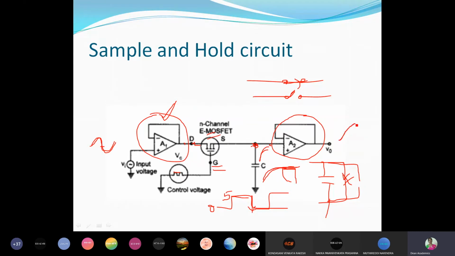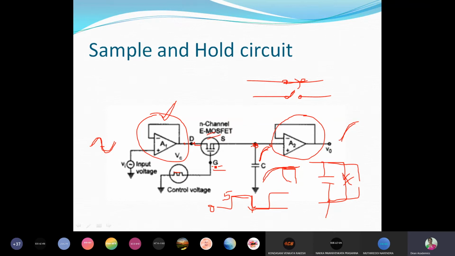Therefore the output will be like that. When the switch is closed, the capacitor is charged to this voltage, because whatever voltage is available across the capacitor will be the same at the output terminal.